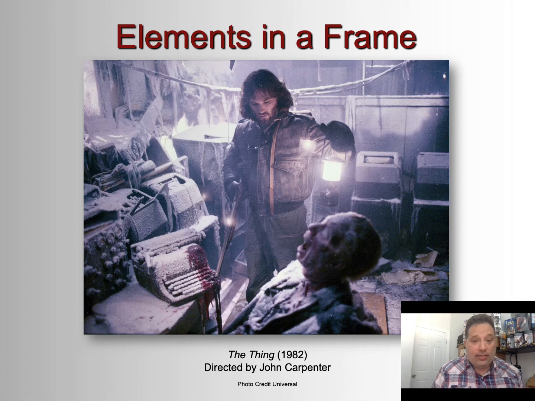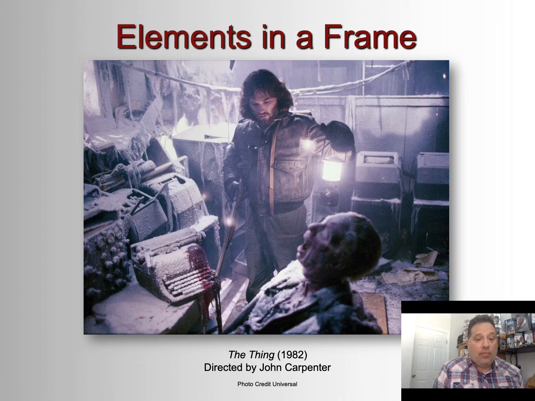And here is a shot from The Thing from 1982, which I mentioned when we were talking about makeup in the first lecture in this lesson. And you can see just how carefully all of these elements have been arranged, right? You've got the hero in the middle third of the screen, looking down at this body, which is emphasized in the foreground, blood on the typewriter.